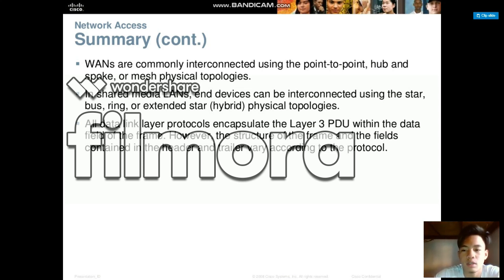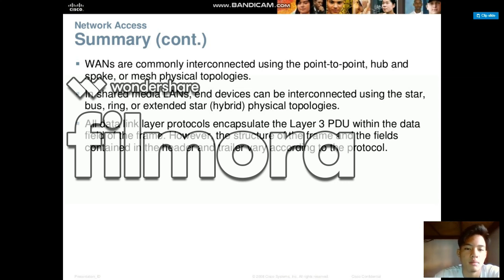It covers a huge number of networks, and compared to a LAN, which is a local area network, it is way bigger than that. In shared media LANs, end devices can be interconnected using the star, bus, ring, or extended star hybrid physical topologies.